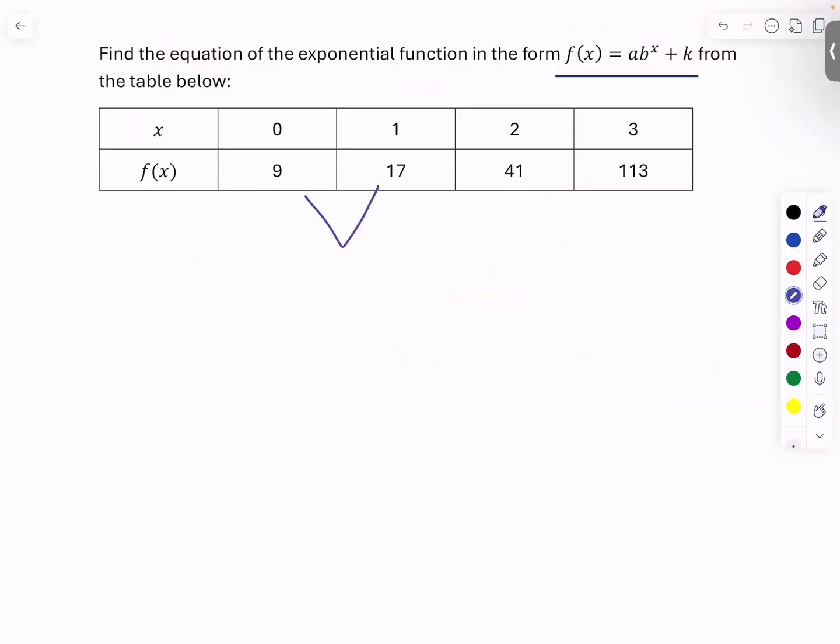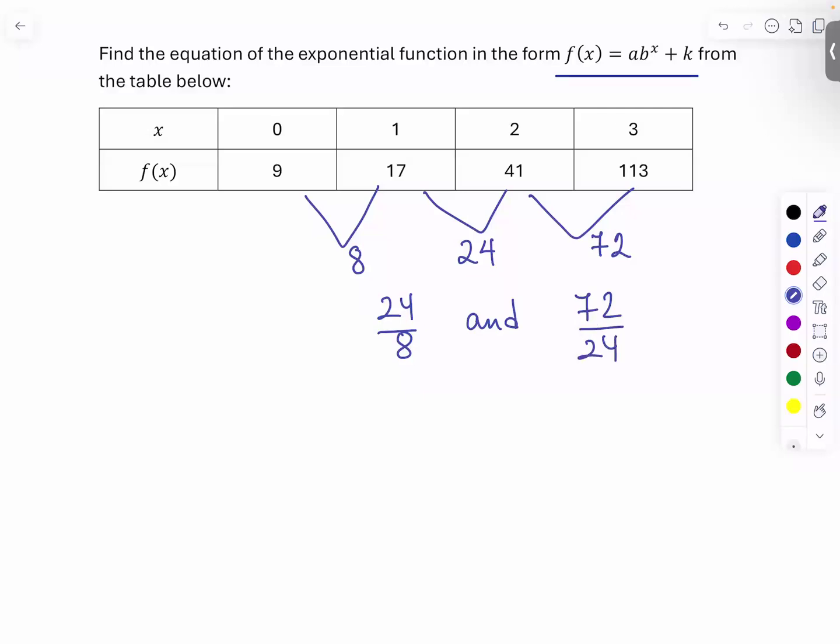17 minus 9 is 8. 41 minus 17, 24. And 113 minus 41 will give us 72. Now, if you're not sure, you can always divide 24 by 8 and 72 by 24.